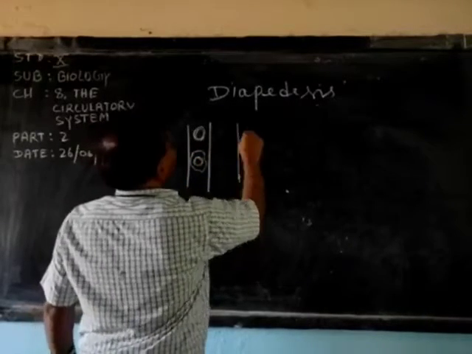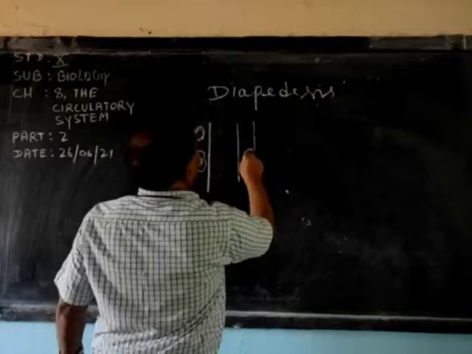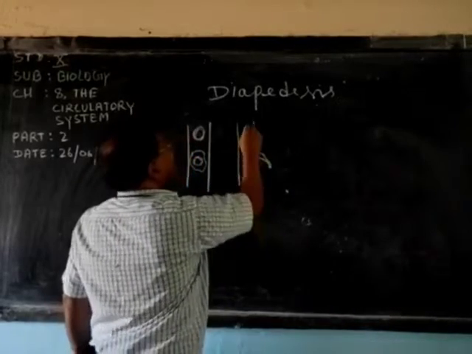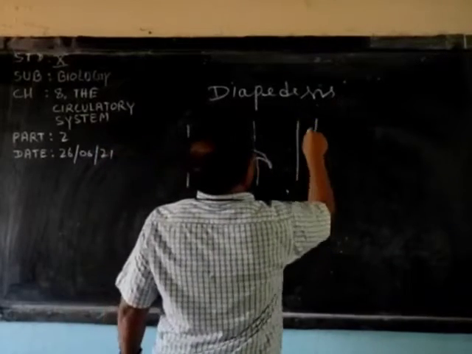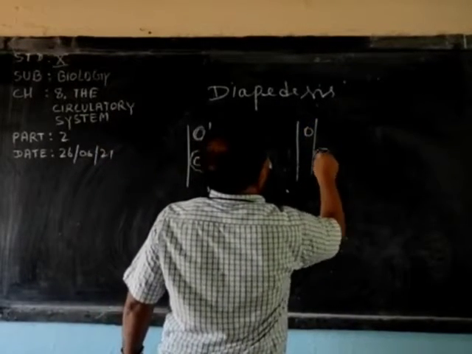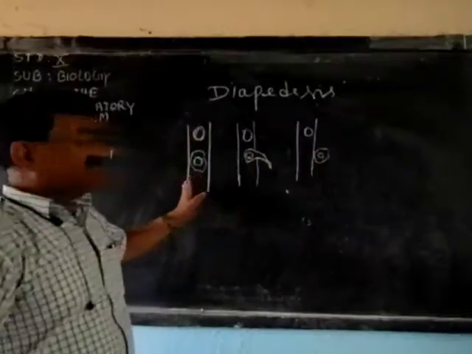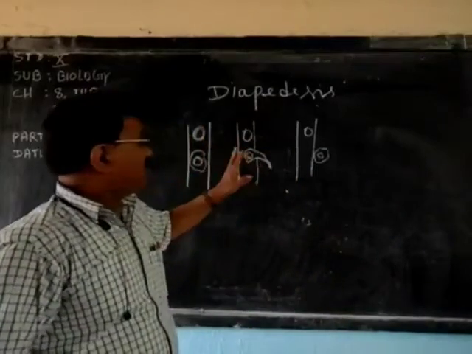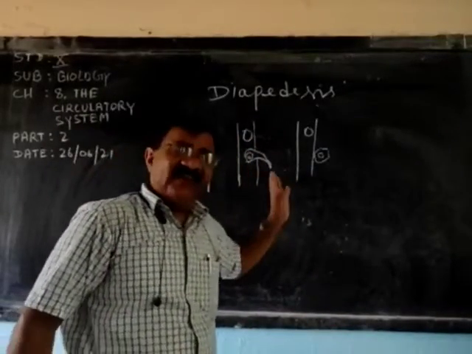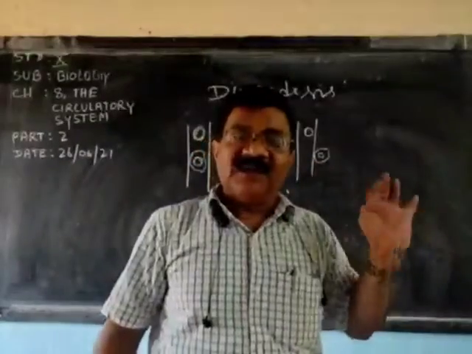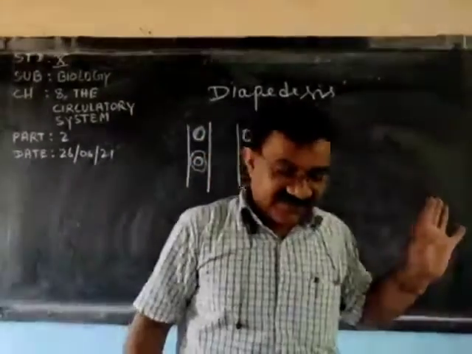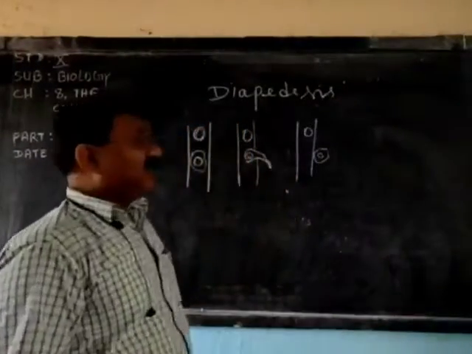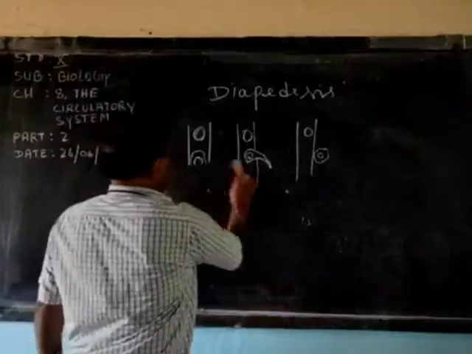What will happen? It will come out. Okay, first a pseudopodium will be formed and it will come out. Okay, so you can see this diagram, very important, figure 8.3, coming out or oozing out or squeezing out of the WBC from the blood capillary is known as diapedesis. Very clear? Now, diapedesis is very, very important from the examination point of view.